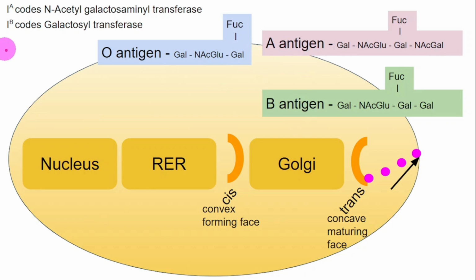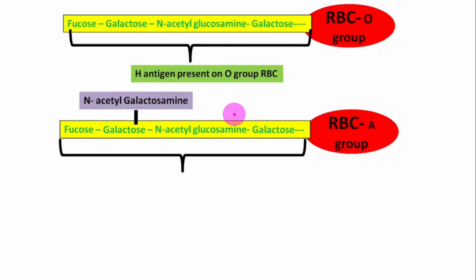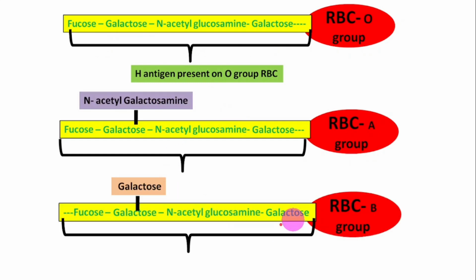In case of B antigen, the allele IB, this dominant B allele, codes for galactosyl transferase, and galactose is added to the basic structure of O antigen. And the small i gene doesn't code for any enzyme, so it remains as it is. So see, this is the difference. The same structure I have drawn this way to help you understand.